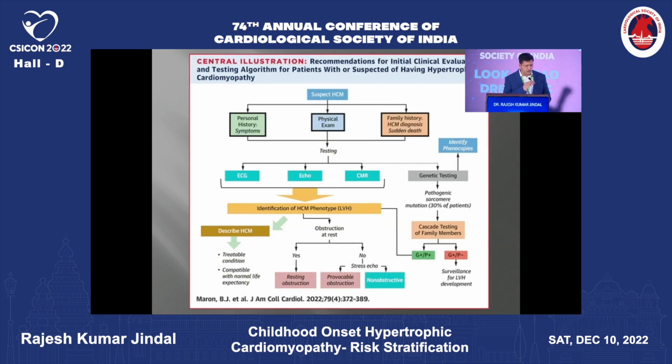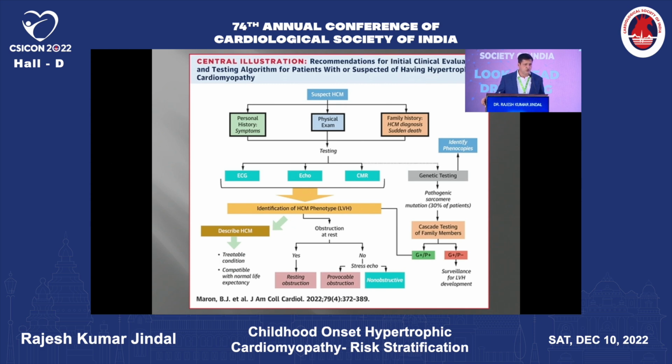To begin with, just to apprise you of the latest literature about the diagnosis and evaluation of patients with hypertrophic cardiomyopathy, we all know that the personal history, physical examination, and family history are very important. And also, in the evaluation, the 12-lead electrocardiogram, echocardiography, and cardiac magnetic resonance imaging have really assumed an important role, not only in tissue characterization, but also in risk stratifying these patients.